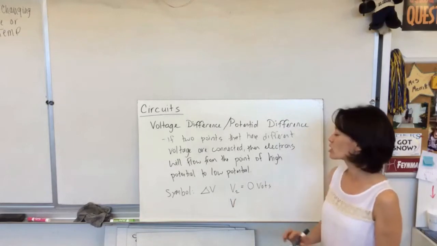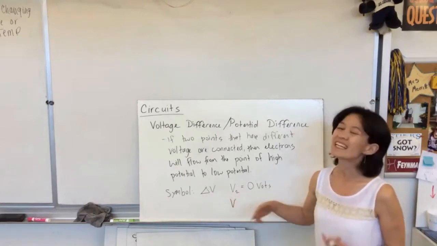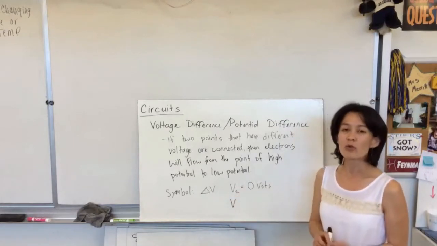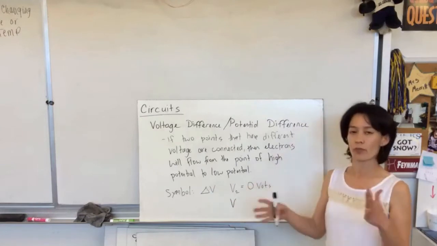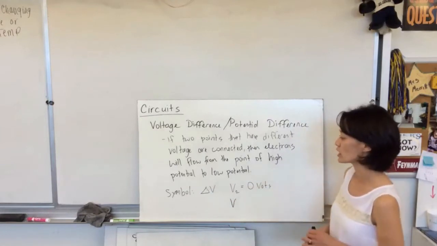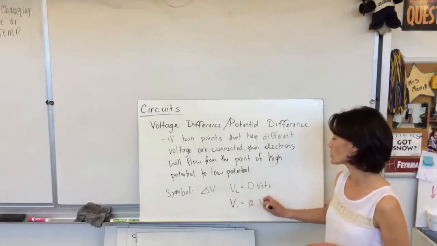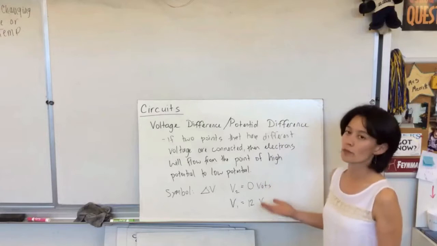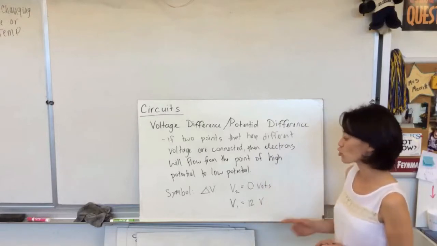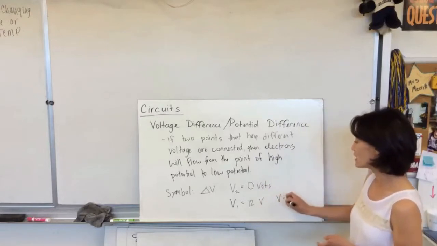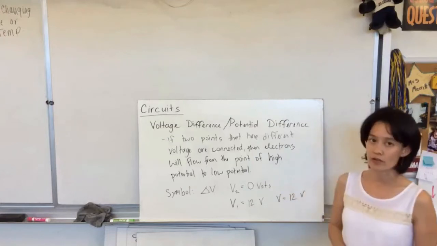So we're not necessarily going to write out delta V. It is a difference in voltage, but we don't necessarily care what those absolute points are. We just care that there is a difference between them of a certain value. Okay, so if V1 is 12 volts, our potential difference is just 12 volts. And so normally we'll just call it V is 12. That's the potential difference of our system.